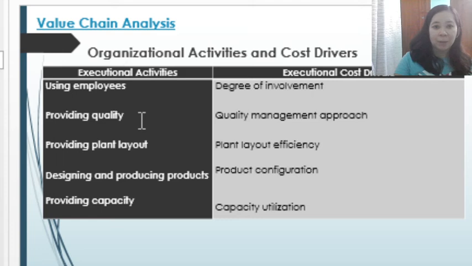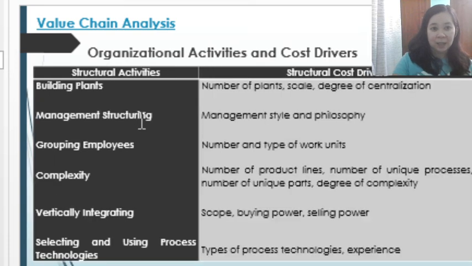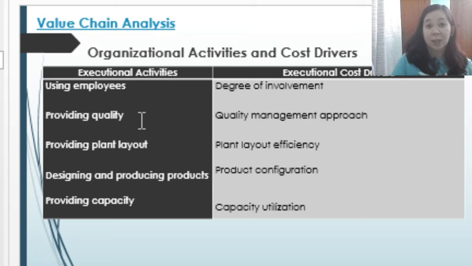What about the executional activities? This one was for structural activities, and this one is for executional activities. So what are examples? Using the employees. What cost drivers cause the expenses?